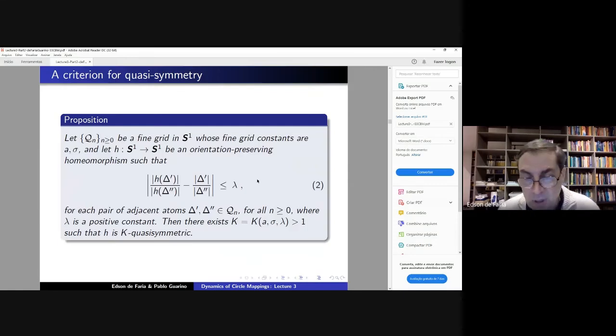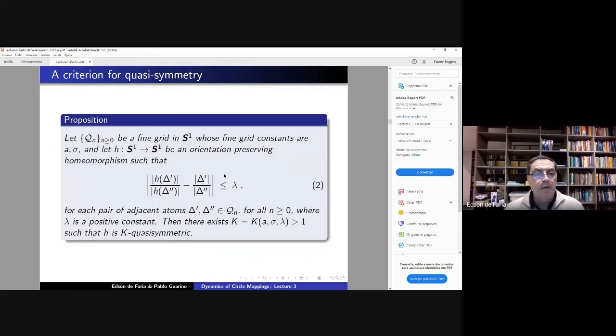Although we are not going to use it in this lecture, I would like to say that there is another version of this proposition that is a criterion for smoothness. So suppose you have the same situation, but instead of having less than or equal to lambda, where lambda is some constant, suppose you have a constant which is actually less than 1, and instead of having lambda here, you have lambda to the n, where n is the level to which these two atoms belong.